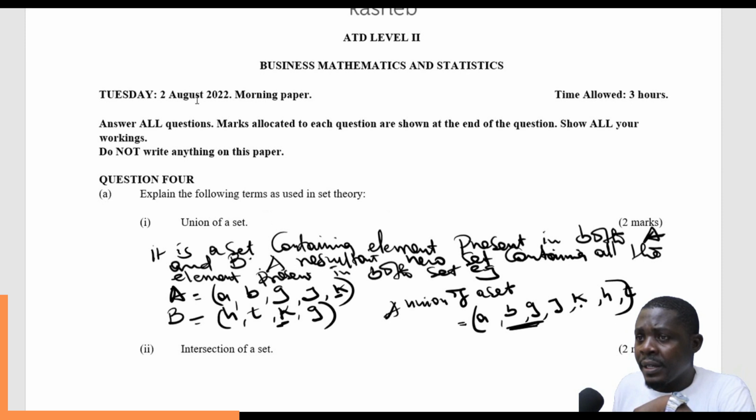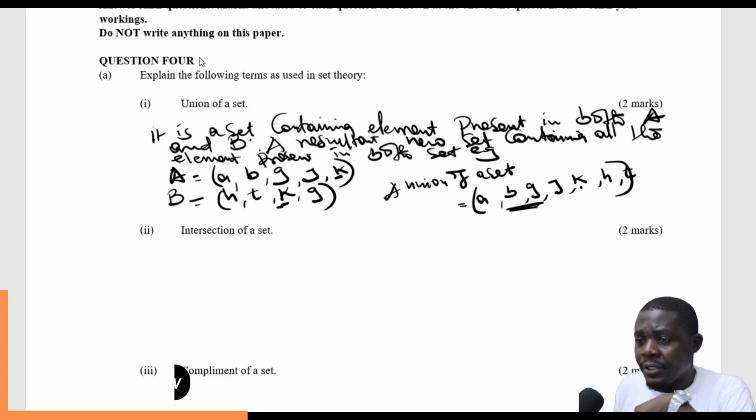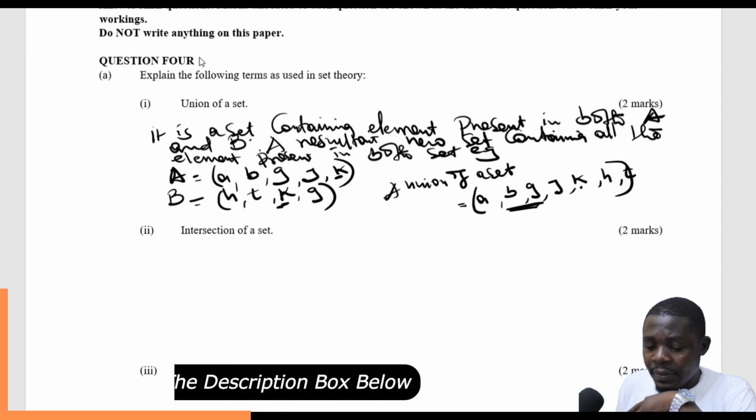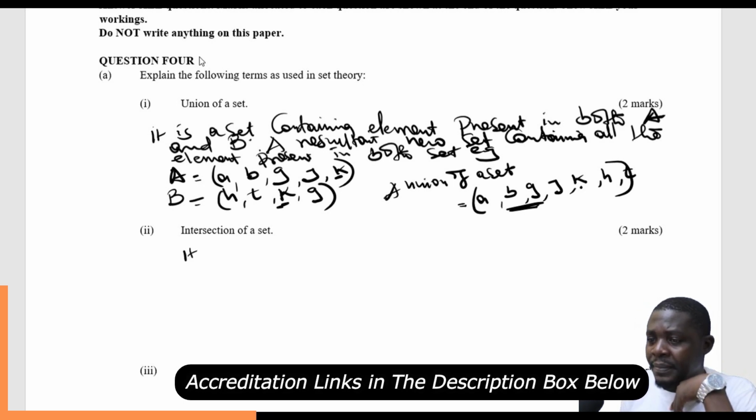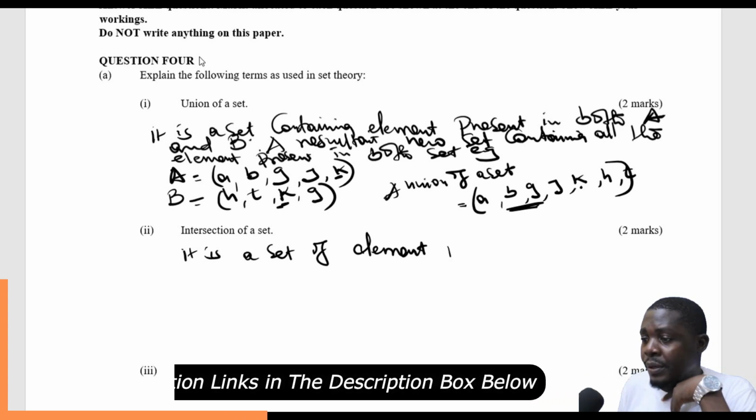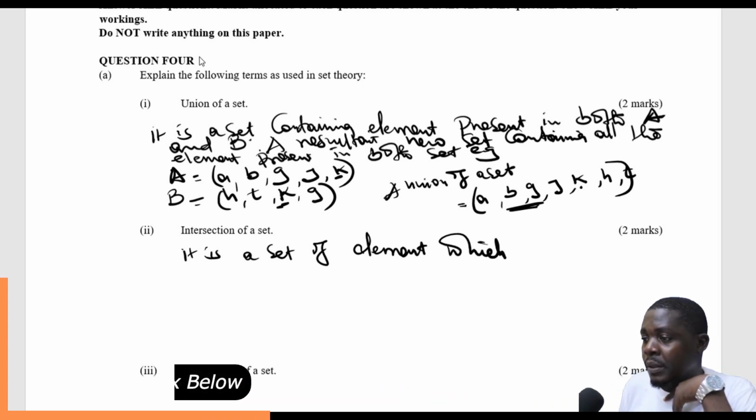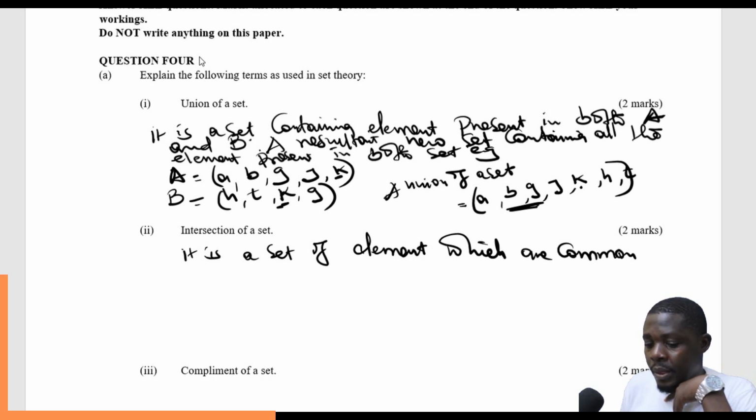Then we have intersection of a set. Intersection of a set is a set of elements which are common to a given set.